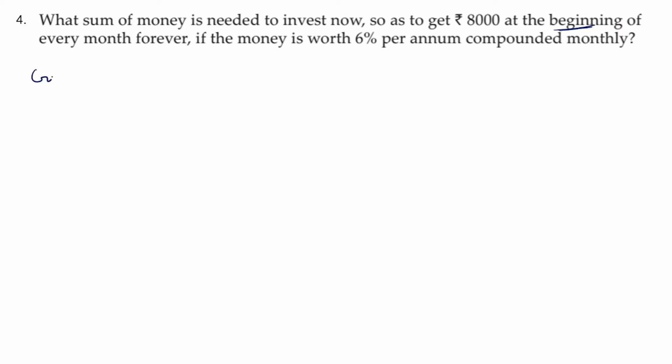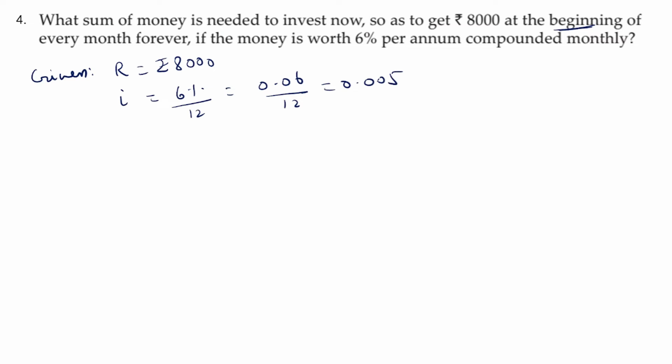So first let us write what is given. Given R is equal to rupees 8,000 and the rate per period I is equal to 6% by 12, or it is 0.06 by 12, which is 0.005.